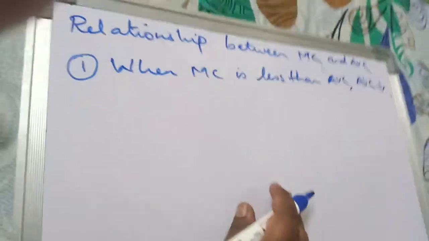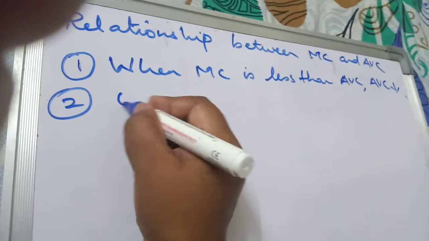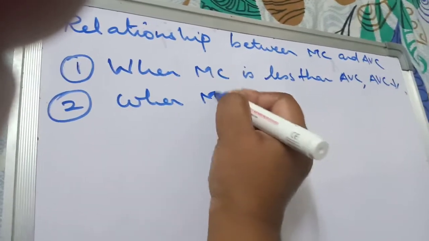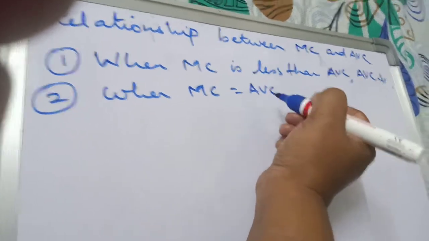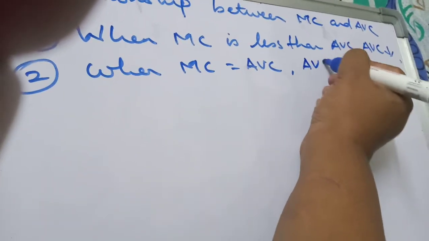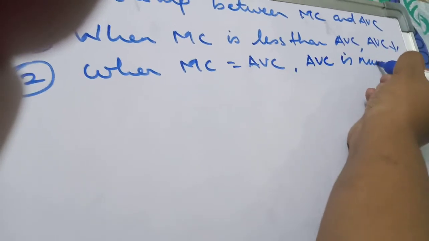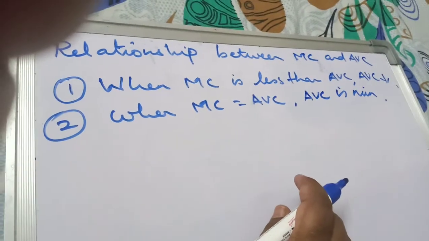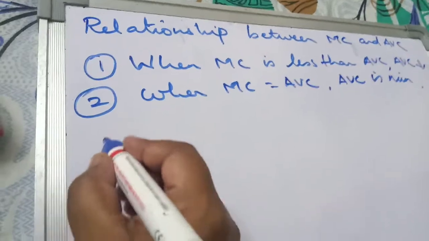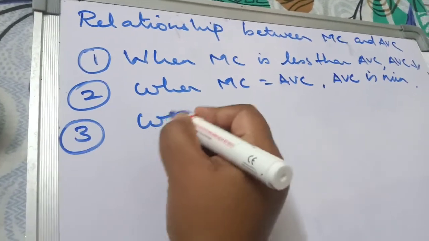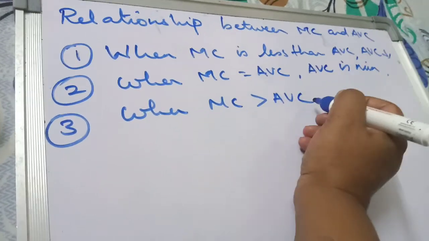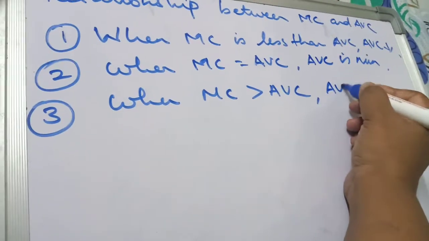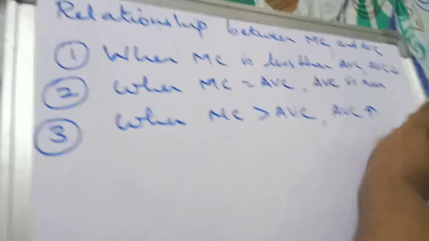Second, when MC is equal to AVC, which means when MC intersects AVC, AVC is minimum. Third, when MC is greater than AVC, it pulls AVC up and AVC rises.